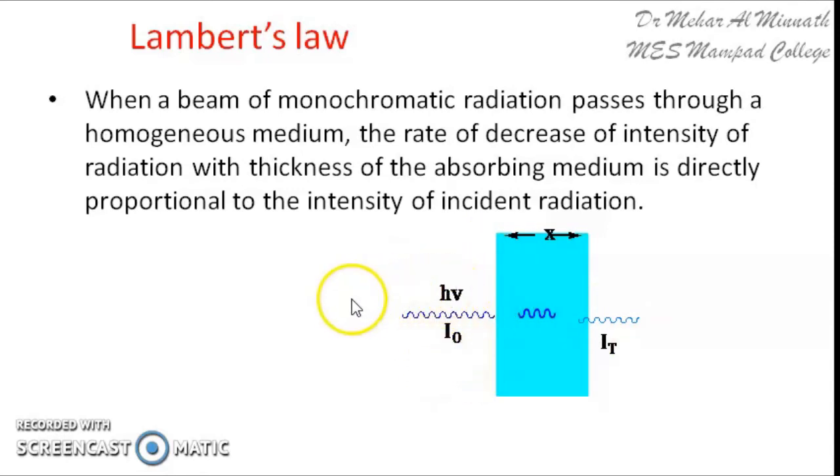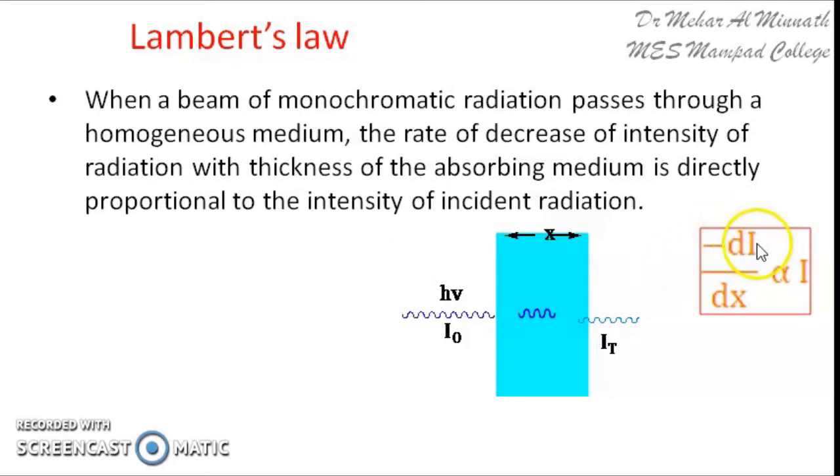In other words, Lambert's law gives us an idea about absorbance and the intensity of incident radiation. How much light is absorbed by the molecule depends upon the intensity of the incident radiation. So you can put it as minus dI by dx is proportional to I, where I is the intensity of incident radiation.